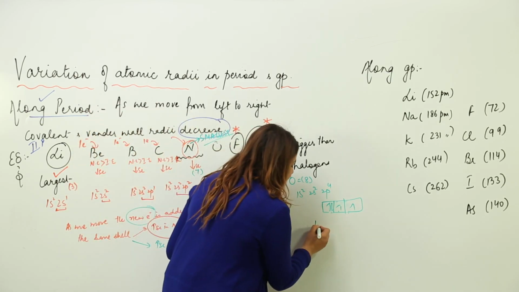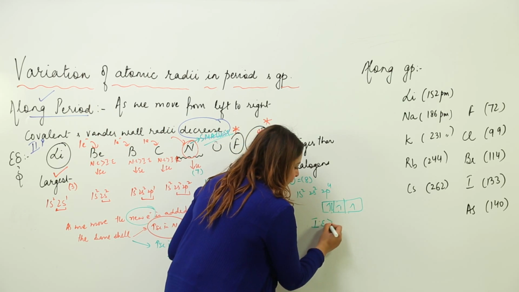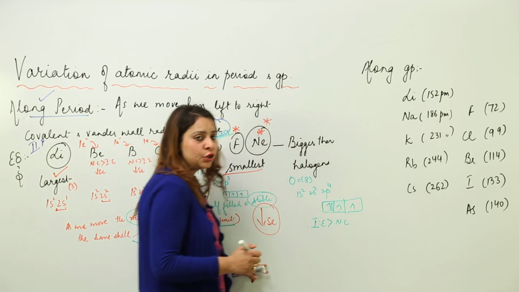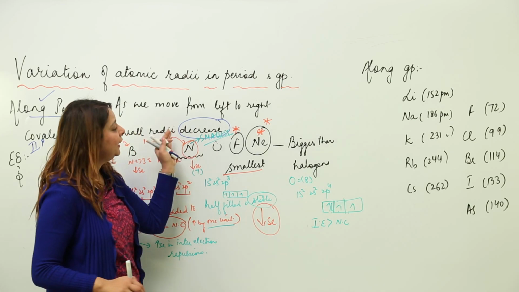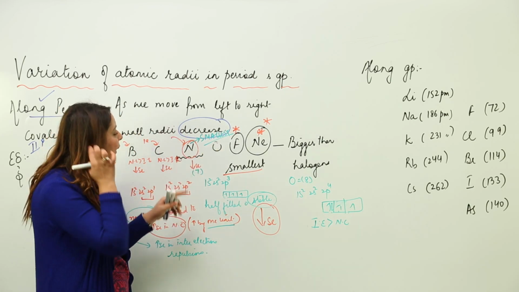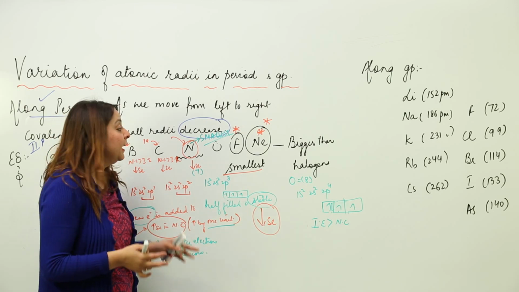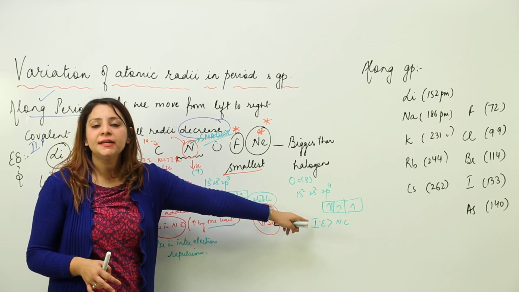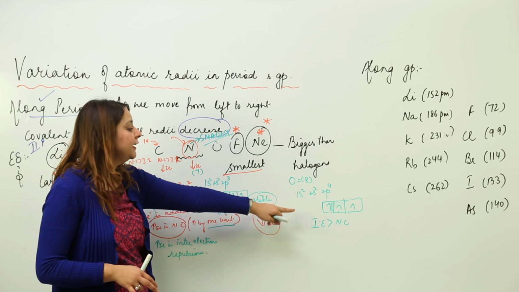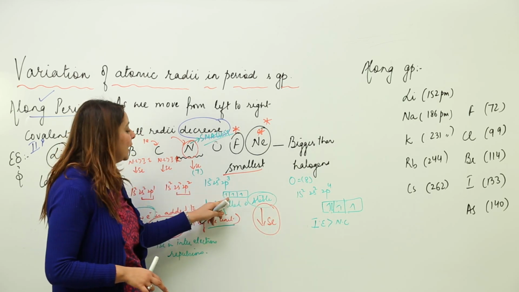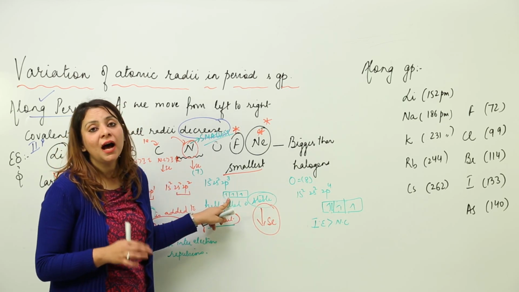So due to increased inter-electronic repulsion as compared to nuclear charge, though the electron is getting increased in oxygen, like if we compare nitrogen and oxygen, oxygen has 1 unit more in nuclear charge, but still the inter-electronic repulsions are quite high as compared to nitrogen, because nitrogen is half filled.